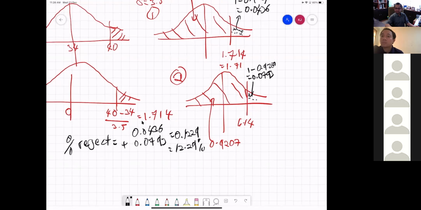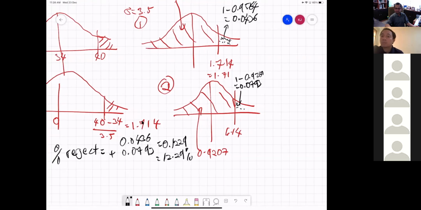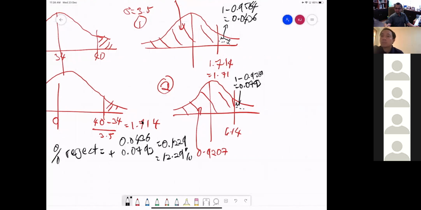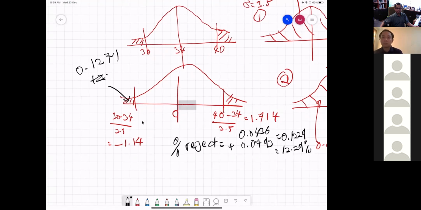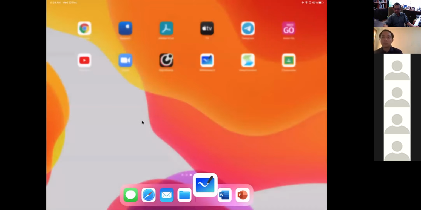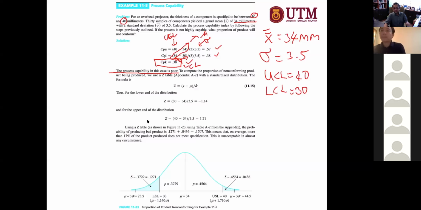Maybe I made a mistake somewhere here. Second step. I think just now I took the 1.14 from a wrong table. Okay, so you check on your own, but the method is the same. It's okay, as long as we understand the steps.